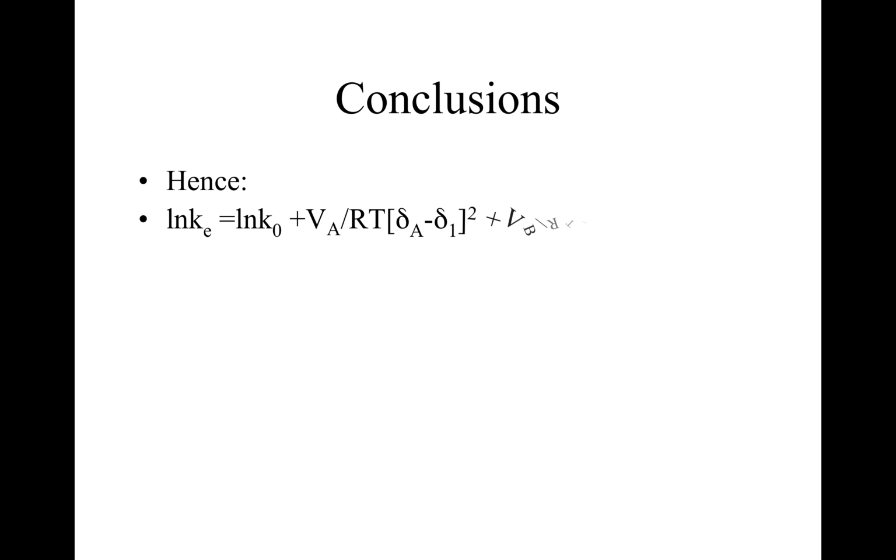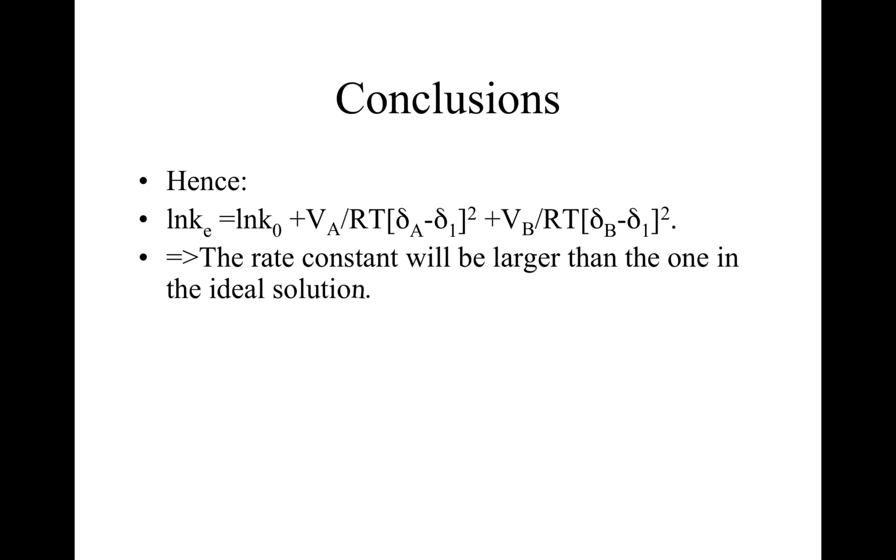Hence, ln K is equal to ln K0 + VA/RT (δA − δ1)² + VB/RT (δB − δ1)². This implies that the rate constant will be larger than the one in the ideal solution.